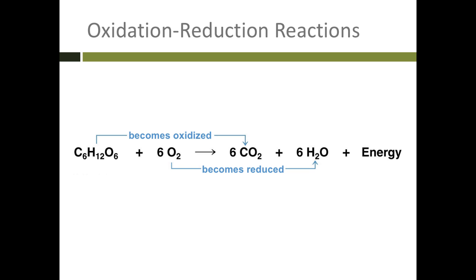The electrons are taken from glucose, transferred to the energy carriers, and eventually given to oxygen. Therefore, glucose is oxidized and the electrons are given to oxygen, which is reduced to water. In this process, we release lots of energy from the potential energy in the glucose molecule bonds, and we transfer it to usable potential energy in ATP.